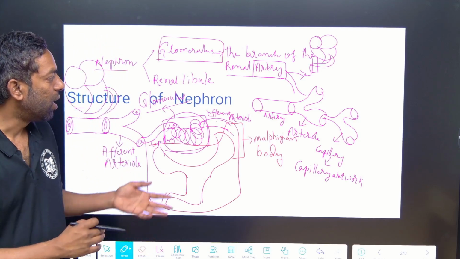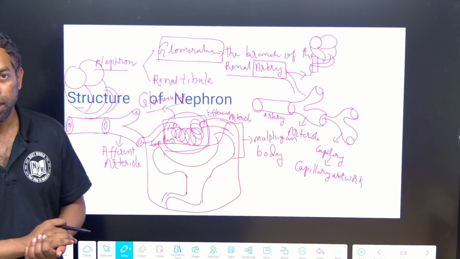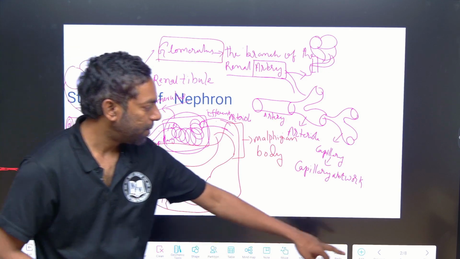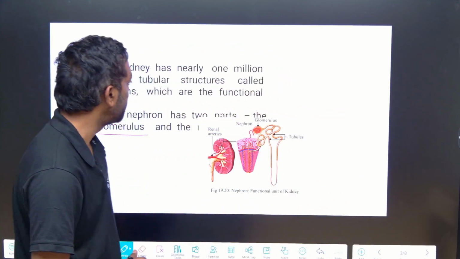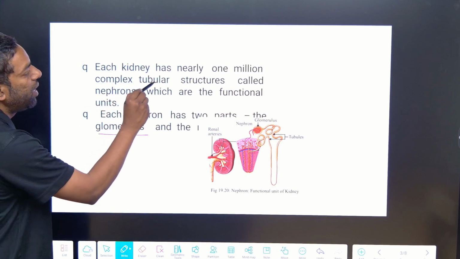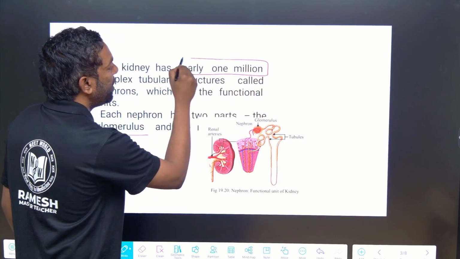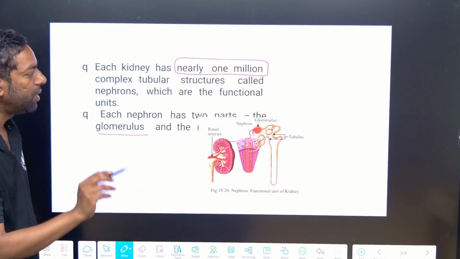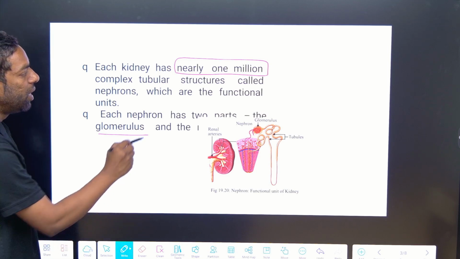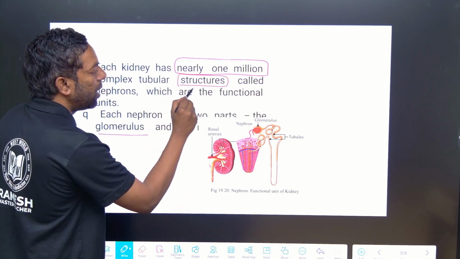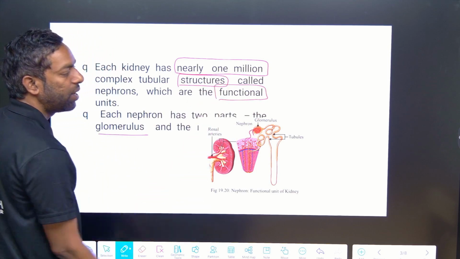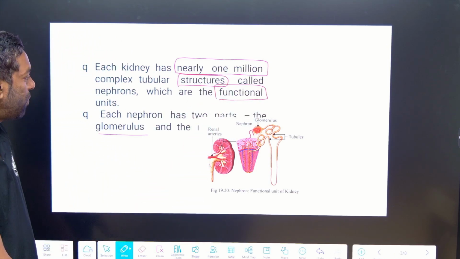We are going to discuss the nephron in detail. Each kidney has nearly 1 million nephrons. Each has its own structure and its own function.